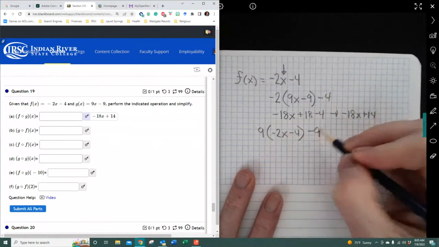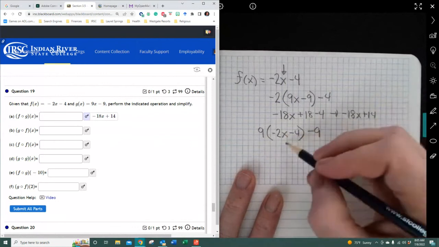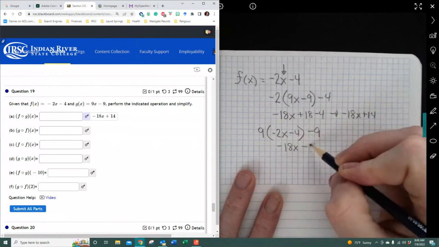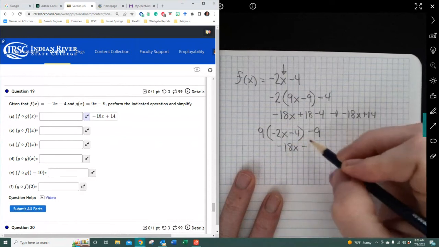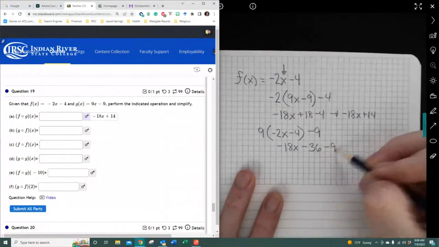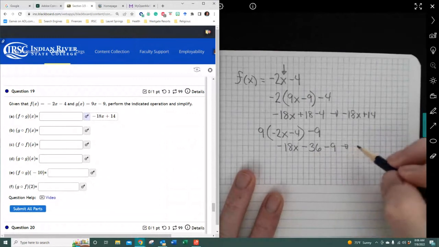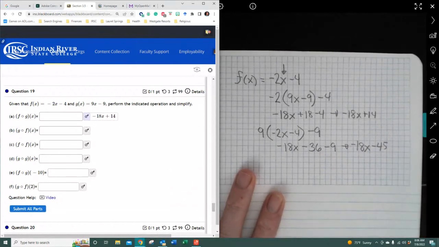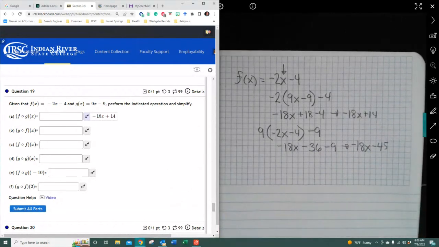Now it's a matter of the distributive property. And then you have negative 9, and you continue on, and you get negative 18x minus 45. So there we have what I call g of f. You have f of g and g of f.